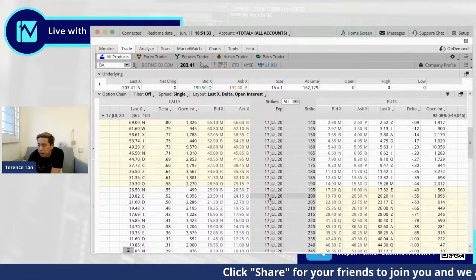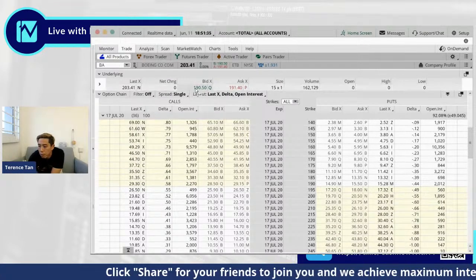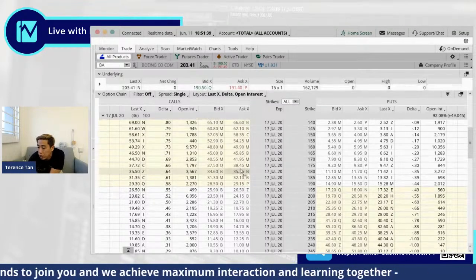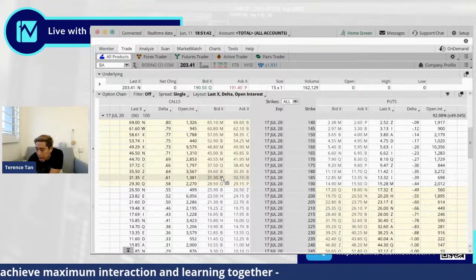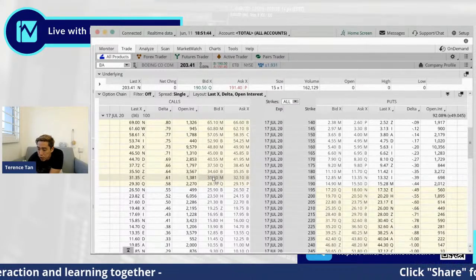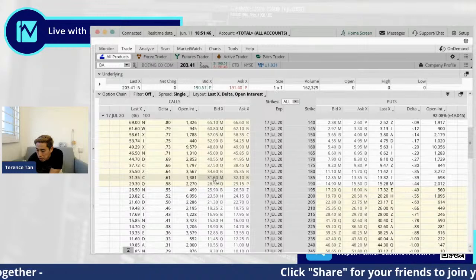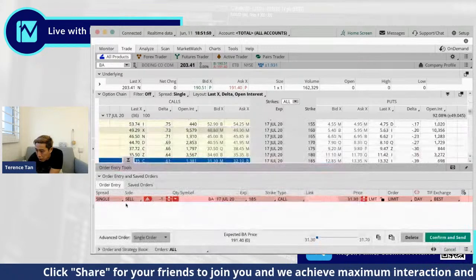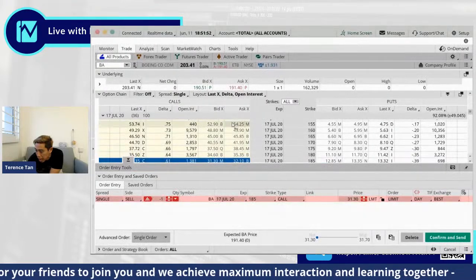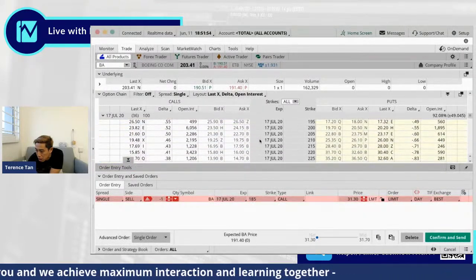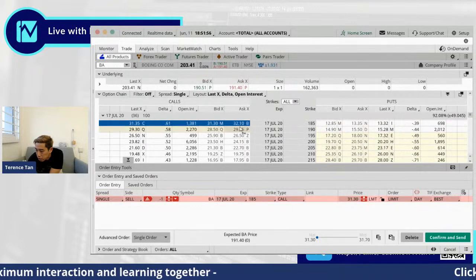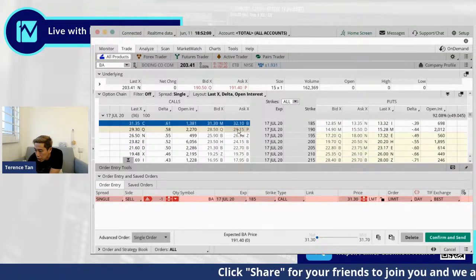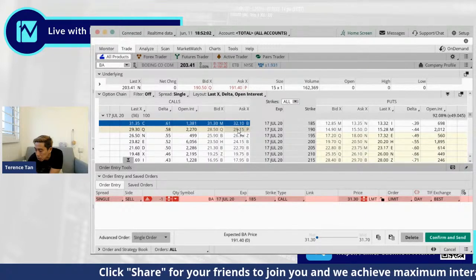So having said that, if I expect it to fall by about $10 from here, what I could do is this. Let's see what the difference I'll be looking at is. I could sell the 185 call, which is in the money right now, and turn around and buy the 190 call.